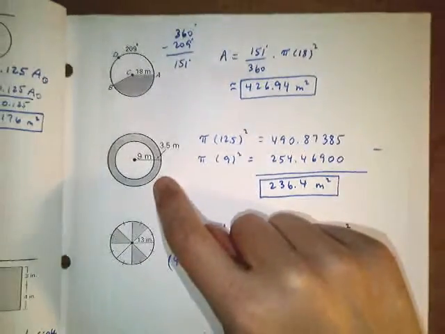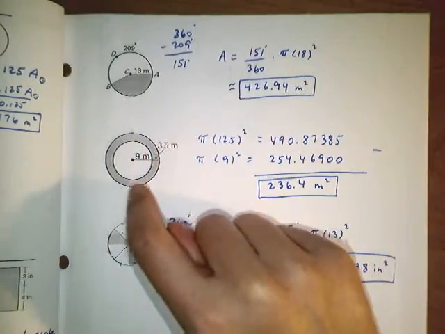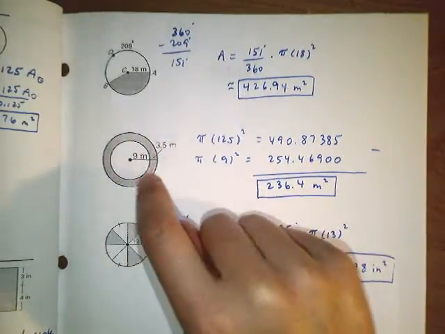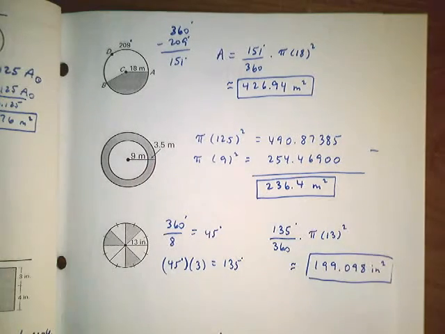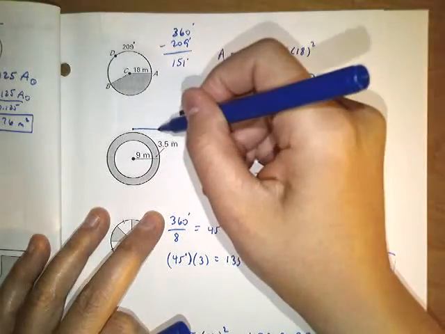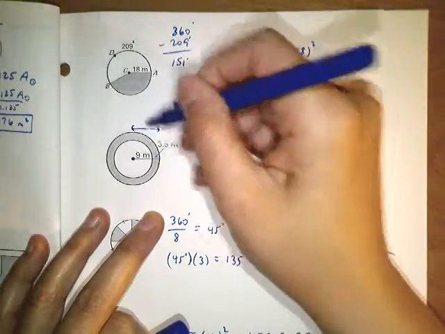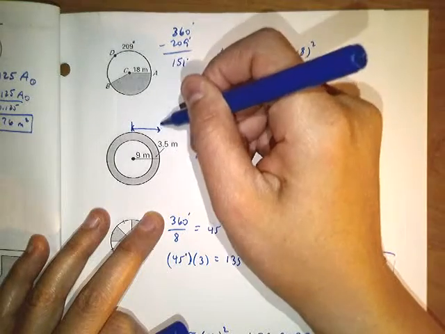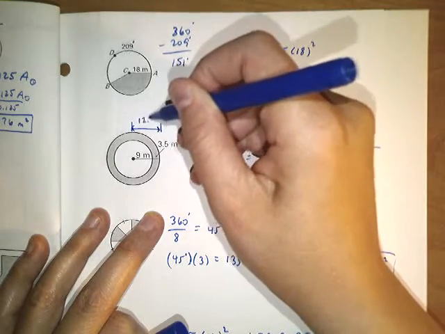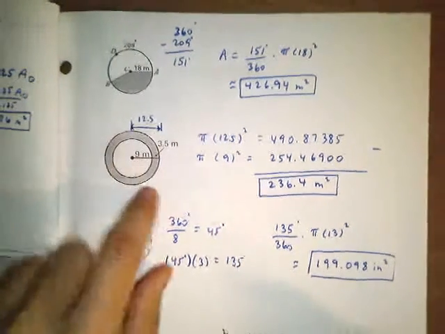This one was actually not too hard. To find this ring area, I found the area of the larger circle. If you look at the radius here, for the larger circle it starts here and goes over to here, right? So that's 9 and this is 3.5, so from here to here would be 12.5. That's the radius for the large circle.